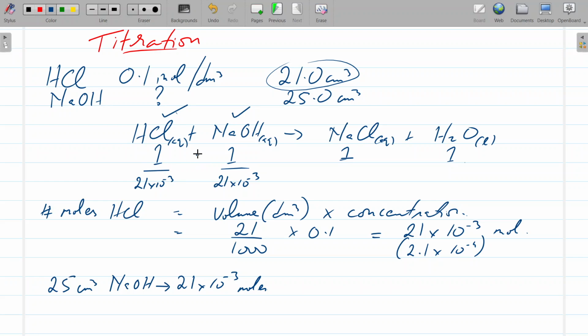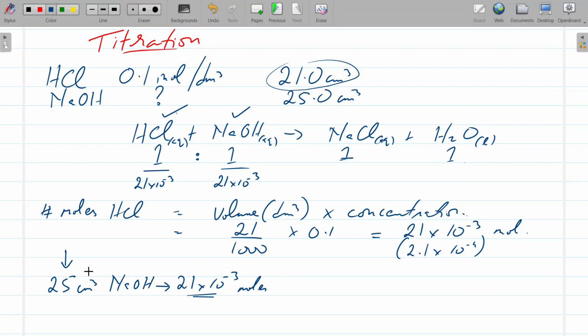The mole ratio between these two is 1:1, which means 1 mole of hydrochloric acid will react with 1 mole of sodium hydroxide, which means that if you had 21 into 10 to the power minus 3 moles of hydrochloric acid, those will react with the same number of moles of sodium hydroxide, which means that you had 25 centimeter cube of sodium hydroxide containing 21 into 10 to the power minus 3 moles, because even though the volume is different, the number of moles is the same.